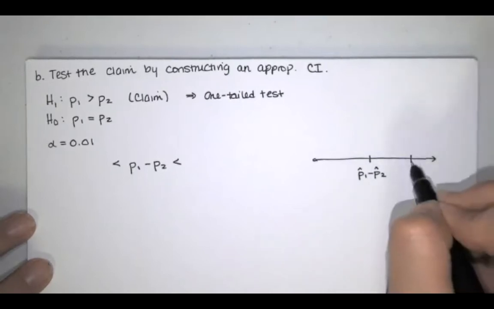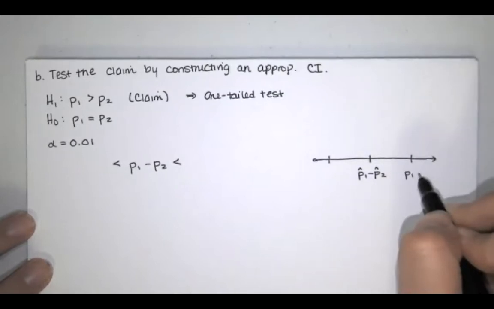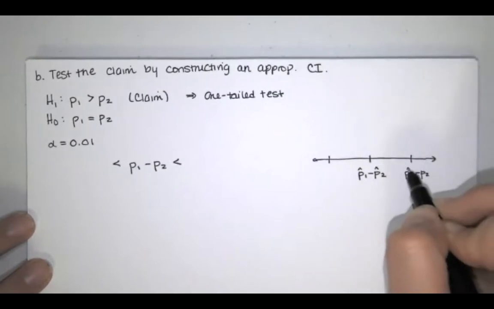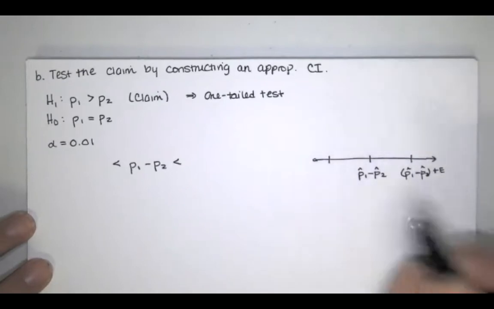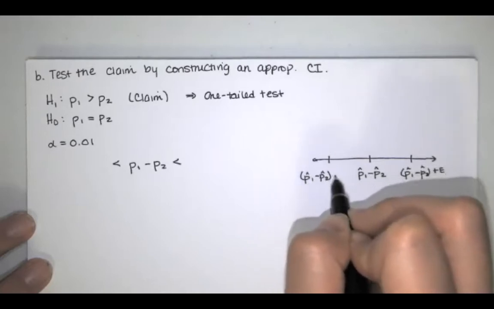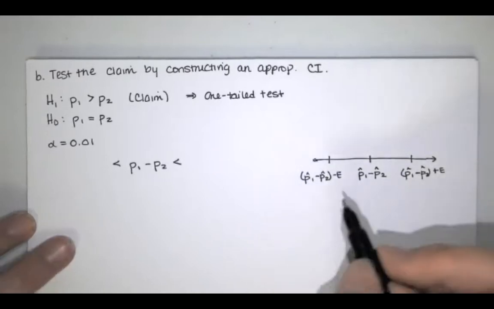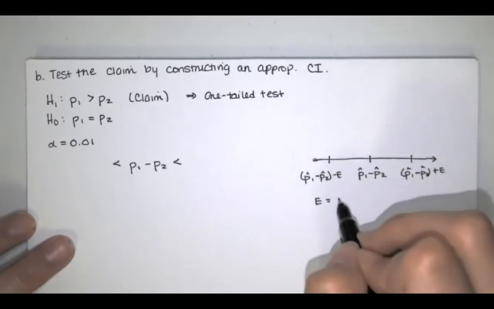Then we're going to add and subtract some error from this in order to get an upper limit for our confidence interval and a lower limit for our confidence interval. And the error is given by this formula.